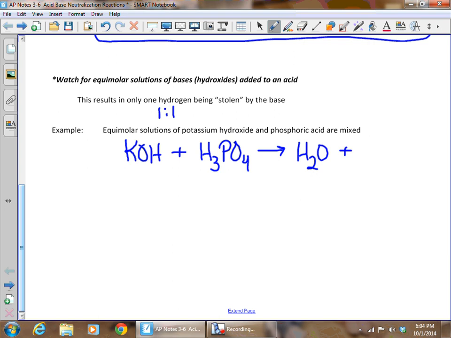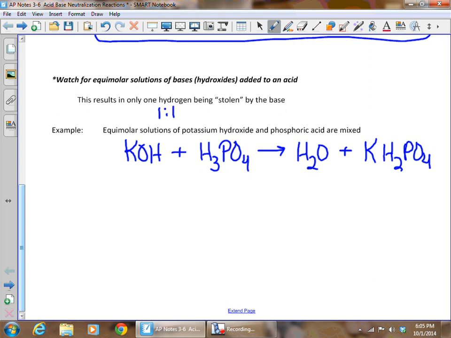I'll write it here this time since this is confusing enough as it is. But now when we write our K with the remainder of the compound, remember we can only take off one hydrogen. So what's left behind? H2PO4.